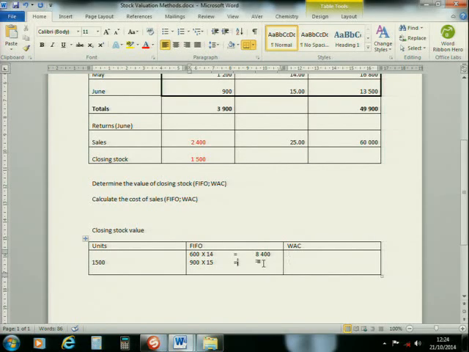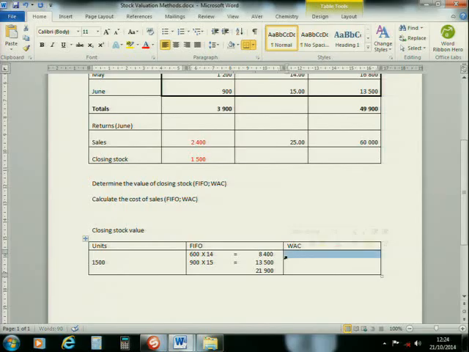Use 13,500 from the table there. It should not be a problem. 13,500. And that will give you 21,900 using FIFO. That will be the value of closing stock.